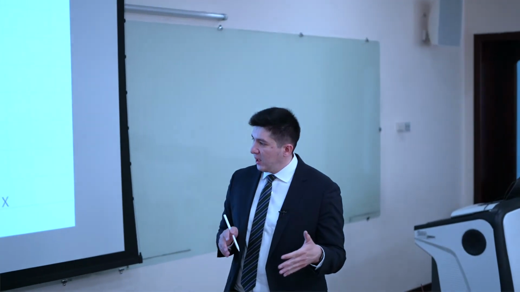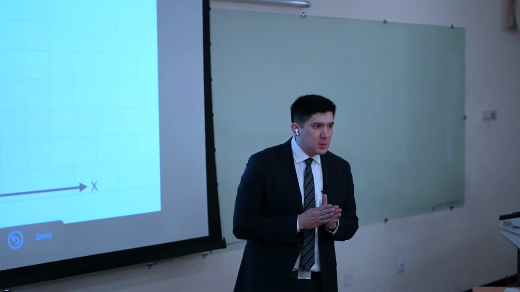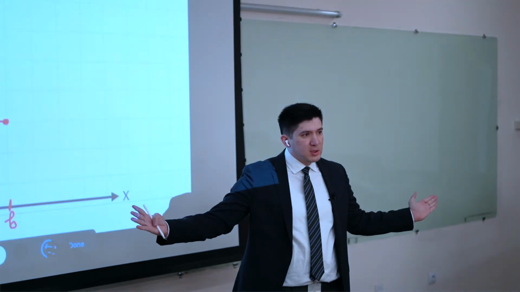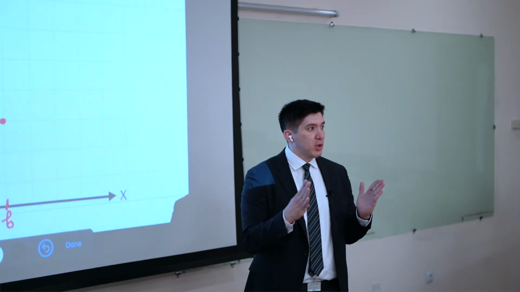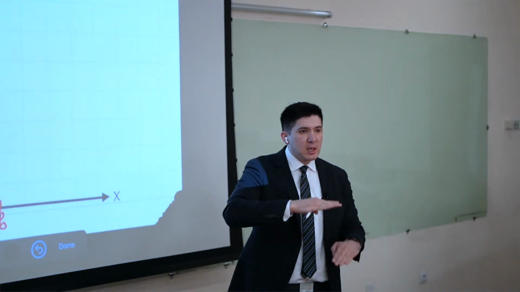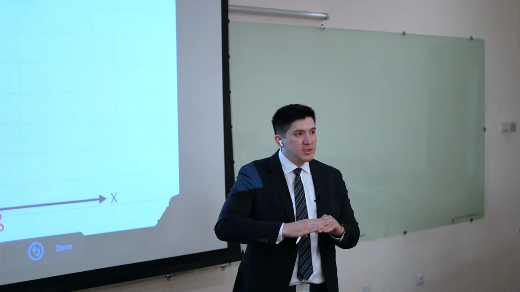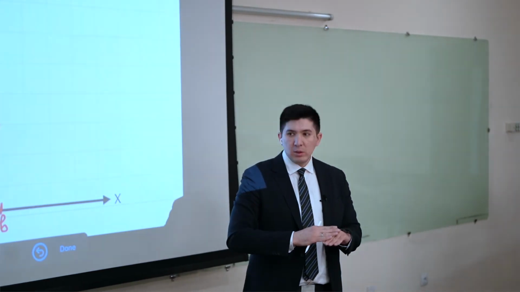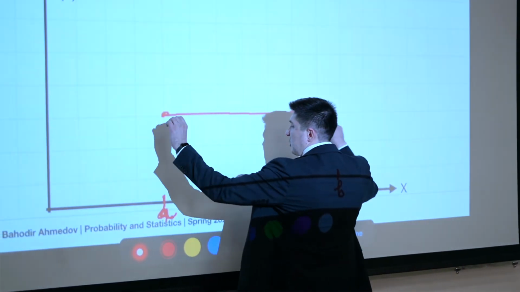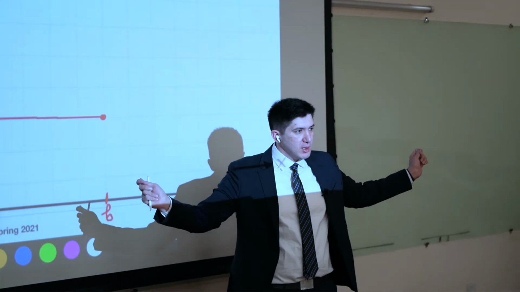The only question is, what do you think if I spread this interval, A and B, or if I squeeze them closer to each other? Is the height of this horizontal line going to change or not? No, it's not going to be the same. It's always going to be the same. If I squeeze this, is the line also going to be squeezed? No.